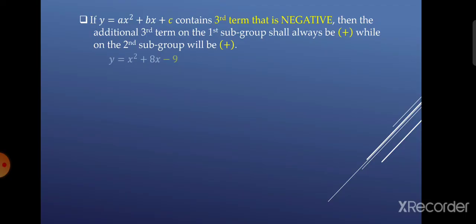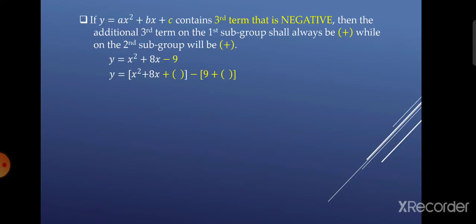For the example, same as before, but we changed it to minus. Y is equal to x squared plus 8x minus 9. So what happens: first subgroup, x squared plus 8x plus blank. Then minus is what is above, minus 9, so the operation outside is minus, in between the two subgroups. So the second subgroup is 9 plus blank.